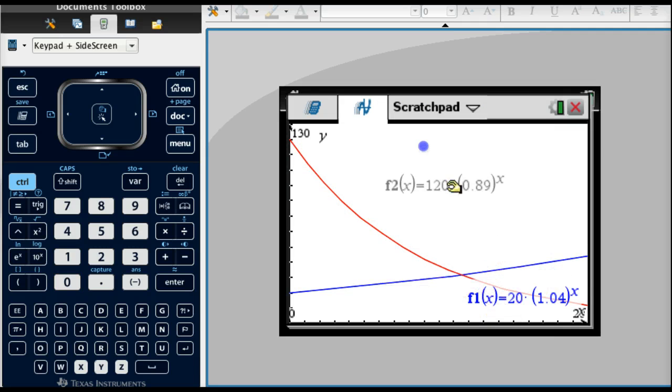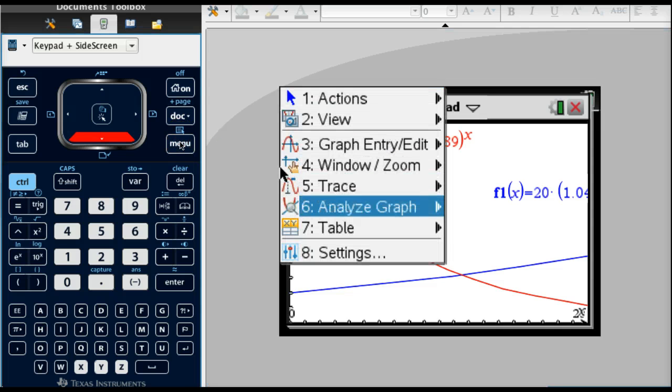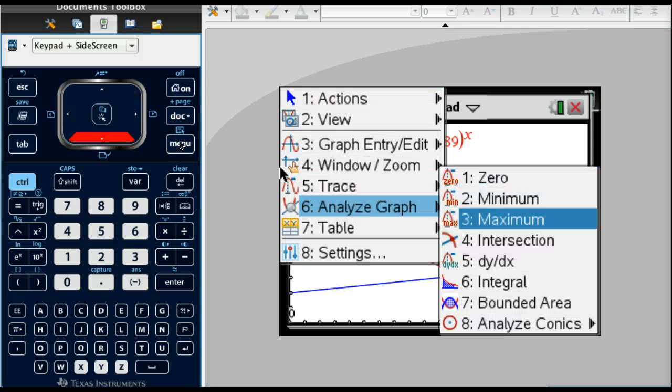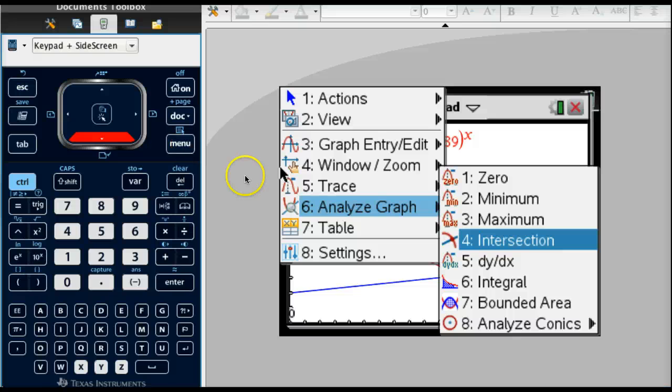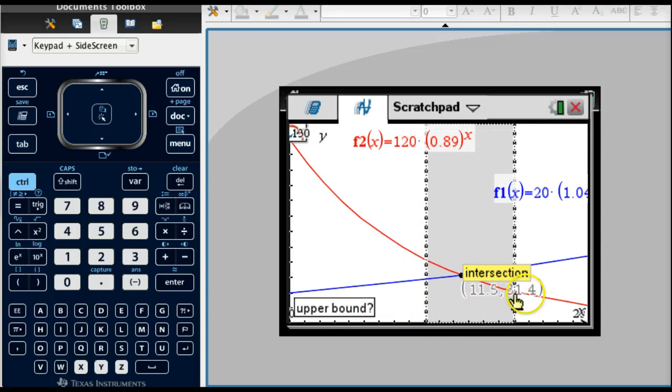So basically, let's move this out of the way. I want to find what is this intersection right here. So I go to menu, I go to analyze graph, and I go to intersection. Okay? And then you see it says right here, lower bound, meaning I want to go to the left, click on it. It should change to upper bound.